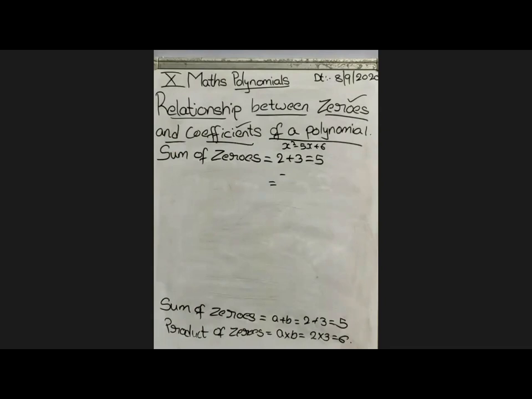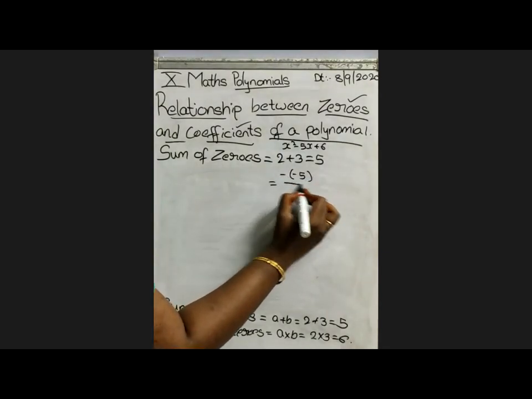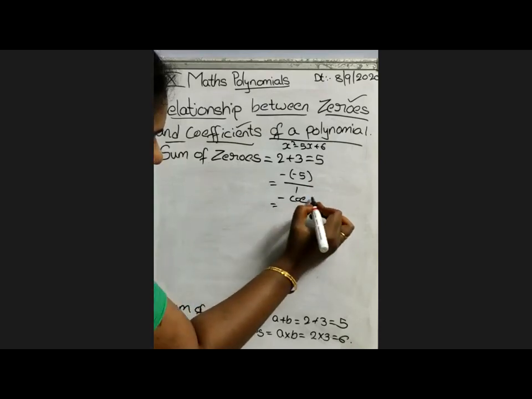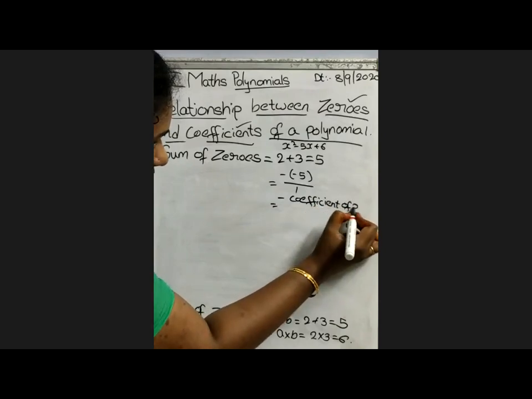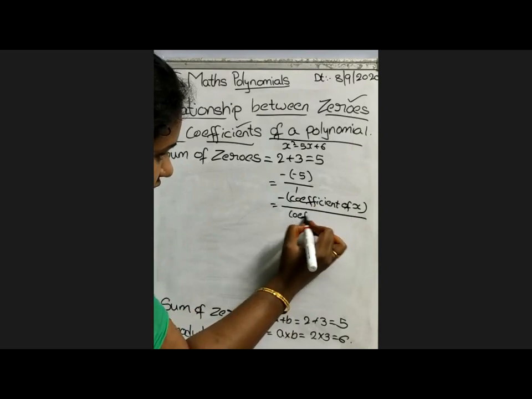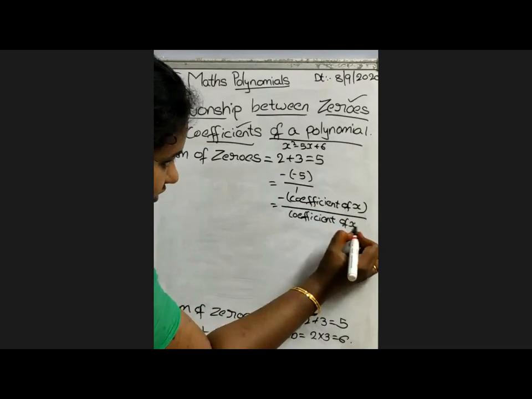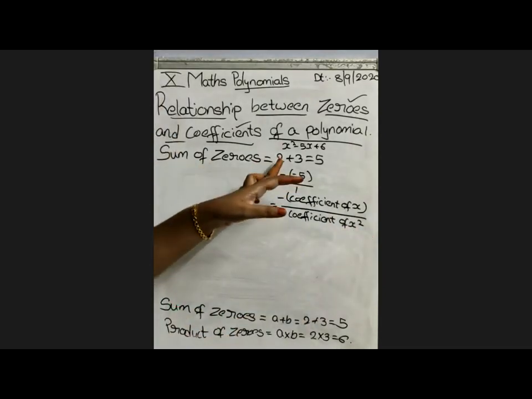Here I will take the minus of minus 5 by 1: minus of the coefficient of x by the coefficient of x squared.